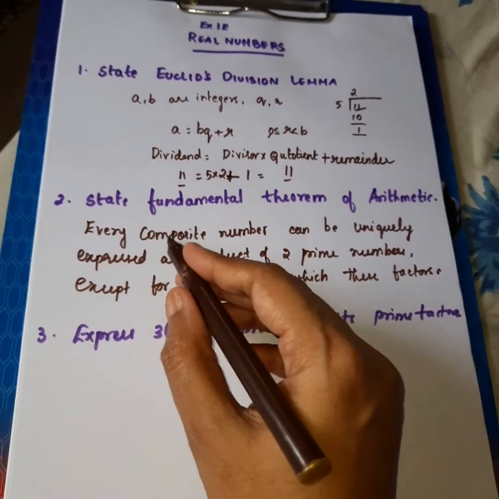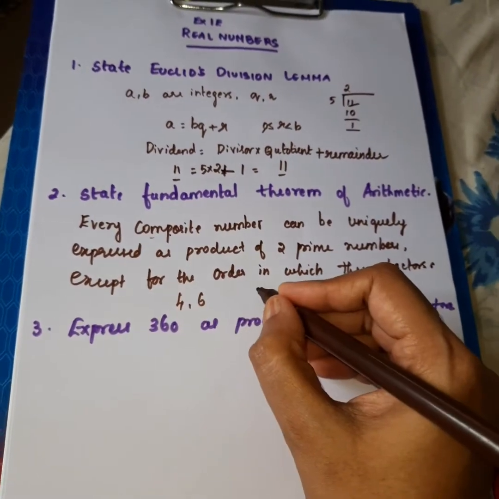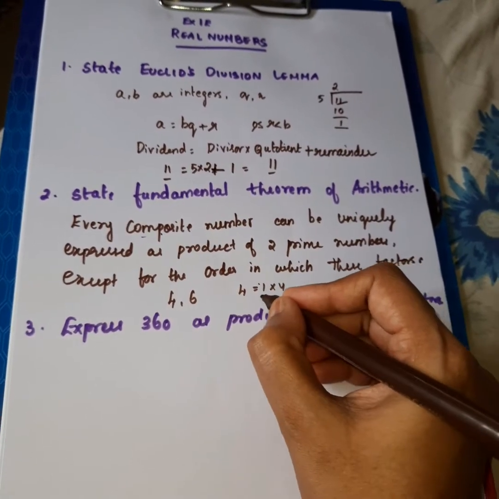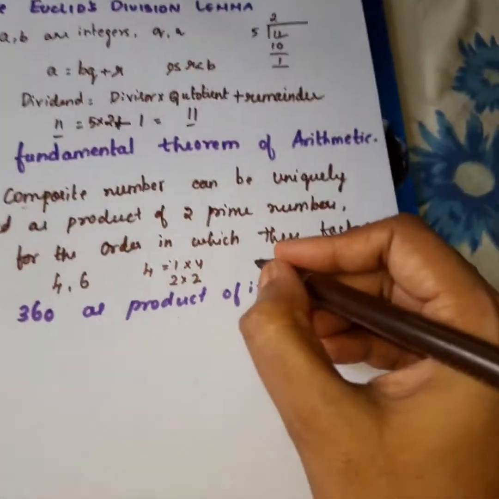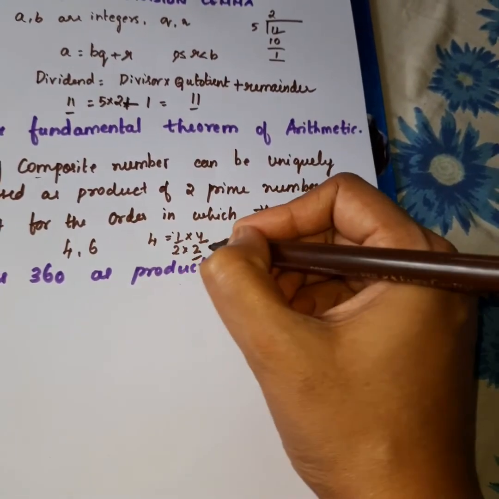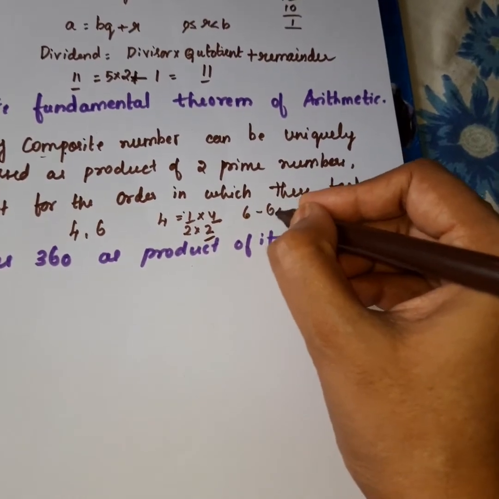Here we can see the examples of composite numbers as 4 and 6, as I explained before, which have more than 2 factors. Or the other way, those which are not prime numbers are the composite numbers. Apart from 1 and 4, 2 is also a factor of 4.